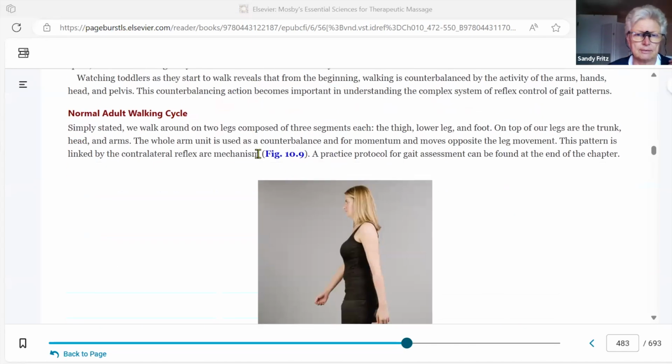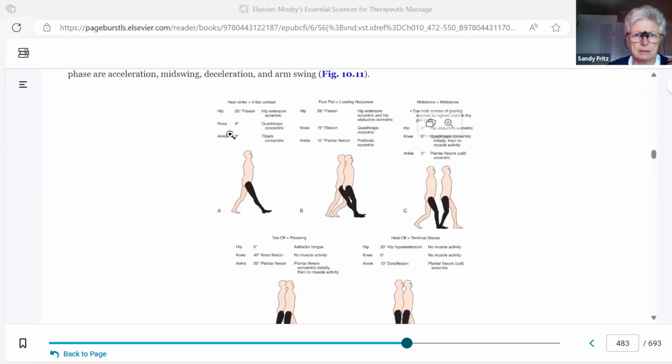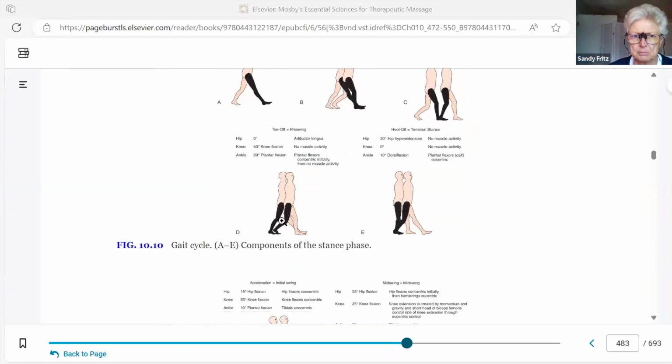And then here is our gait cycle, which I've already mentioned. And this figure right here gives you the various pieces of that. So you've got your heel strike, your flat foot, the mid stance, and so forth. It's worth it to spend some time with that and walk while you're doing it.